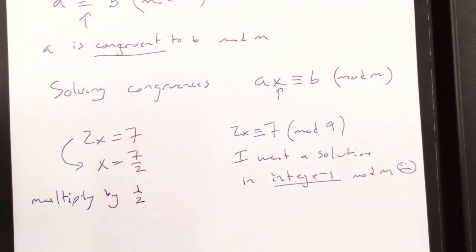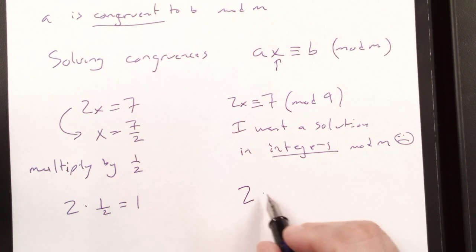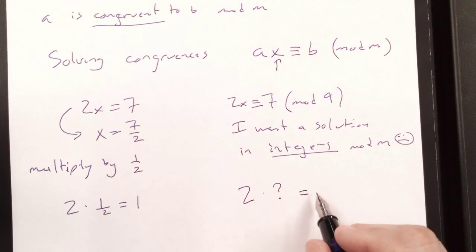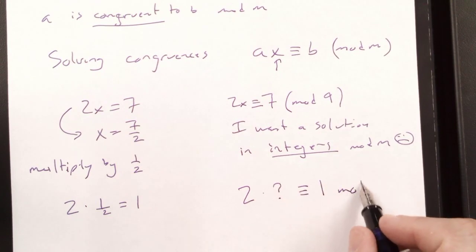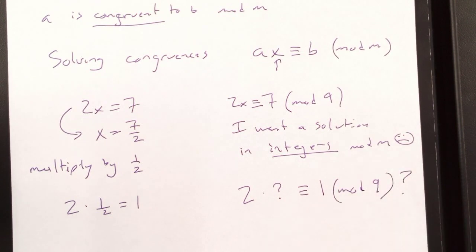And what's special about 1/2 is that 2 times 1/2 is equal to 1, but in the rational numbers. I'm in integers over here. 2 times something, can I find some number in the universe of integers where this holds true?